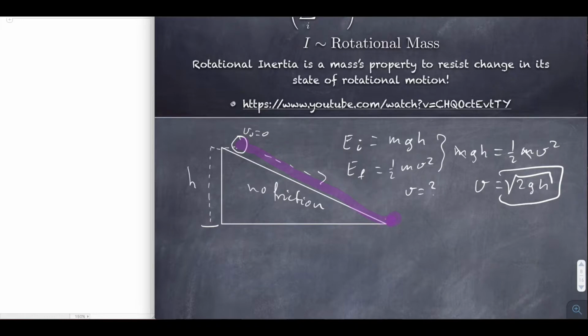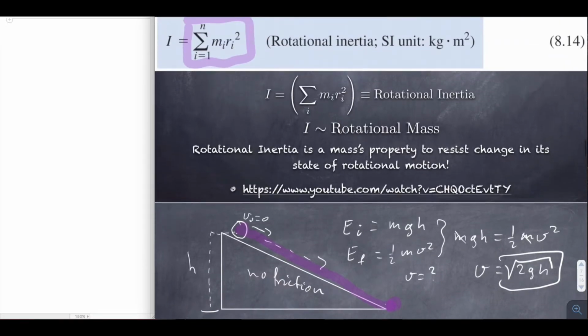But how much of that gravitational potential energy do I require to actually make the object rotate, right? Because it's going to roll down the incline. And so I have to actually make it rotate. And that depends on the actual geometry.